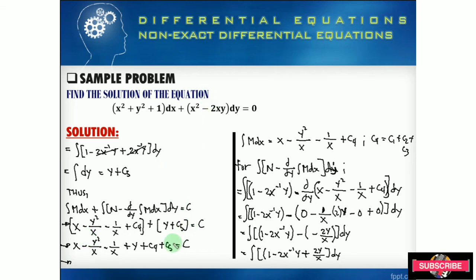Now we will separate the constants. So we have x minus y squared over x minus 1 over x plus y is equal to c minus c4 minus c5, which is just equal to a constant c.